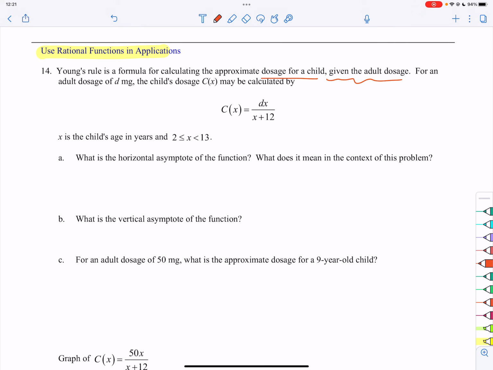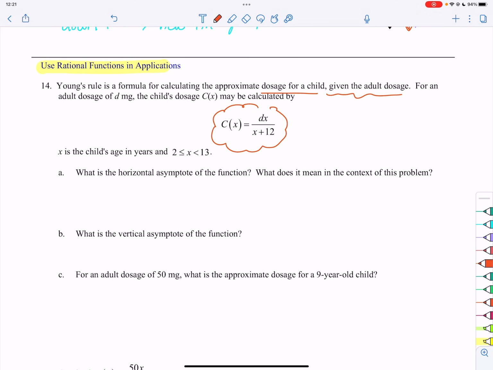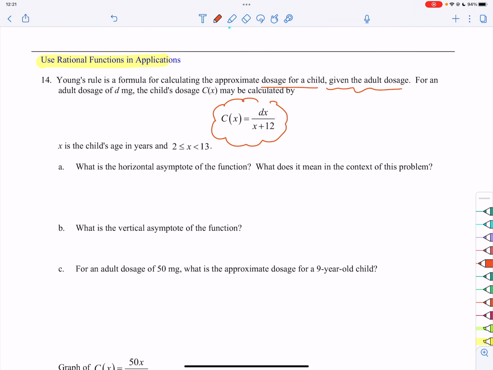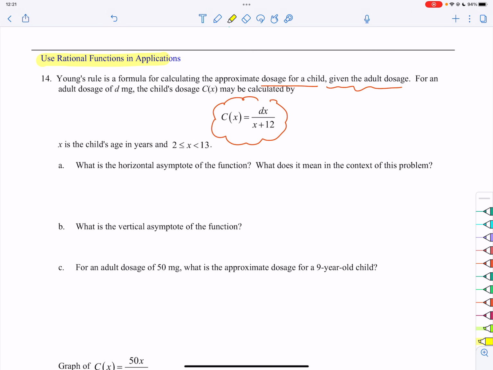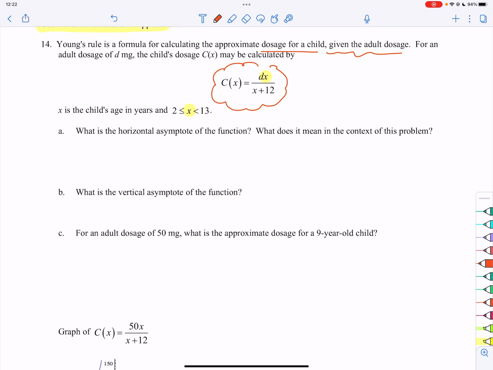For an adult dosage of D milligrams, the child's dosage may be calculated by this function. Okay, and x is the child's age in years between 2 and 13. So what is the horizontal asymptote of the function?